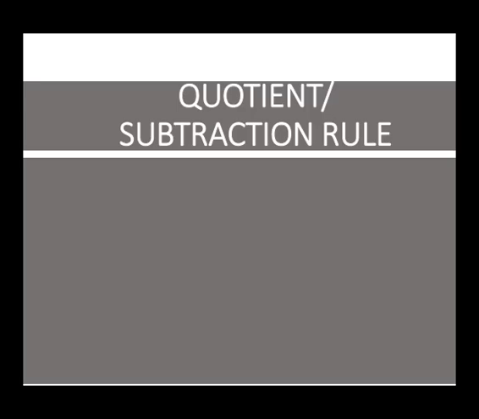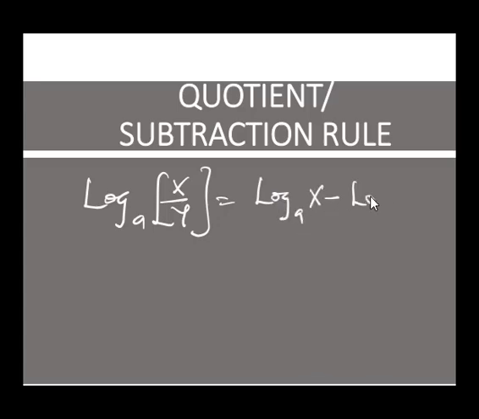So the second one is the quotient slash subtraction rule. If you have an equation that says log base a of x over y, this is the same thing as log a x minus log a y.